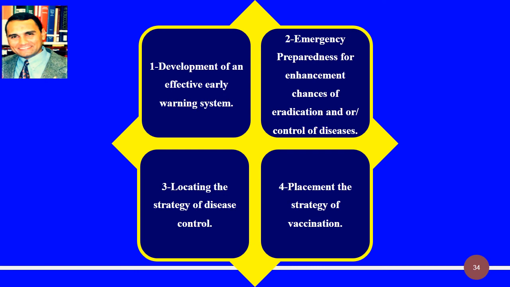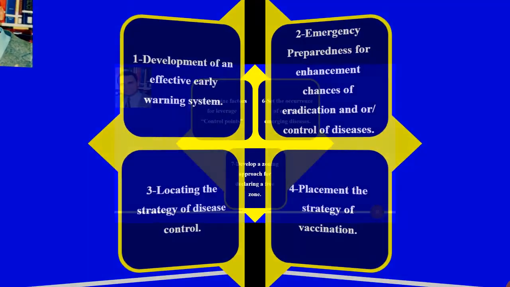Number three, locating the strategy of disease control all over a zone, area, farm, and/or the whole country. Number four, placement of the strategy of vaccination programs for different diseases.